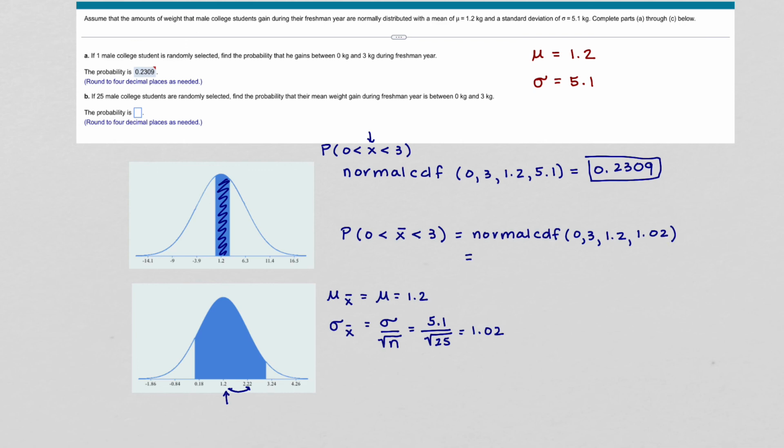And when I put this in the calculator, I get 0.8415. So we can see that's a lot more area. It's a higher probability. And that looks about right. That looks about 84%. So that's how you do that problem.